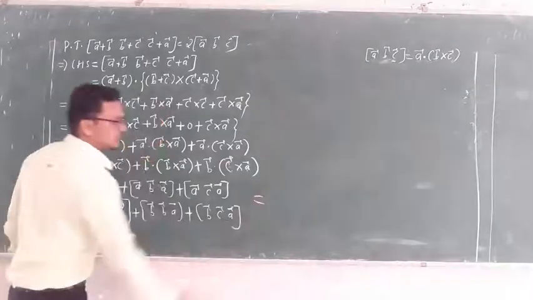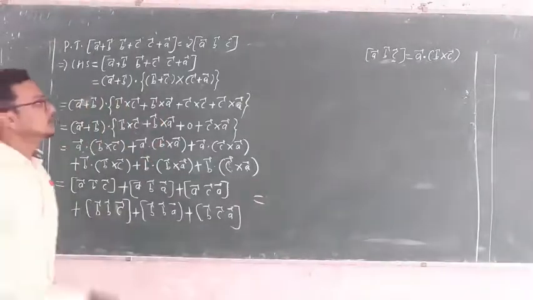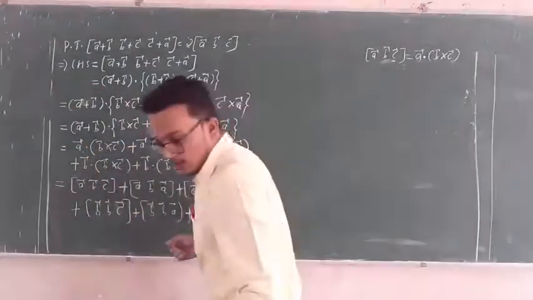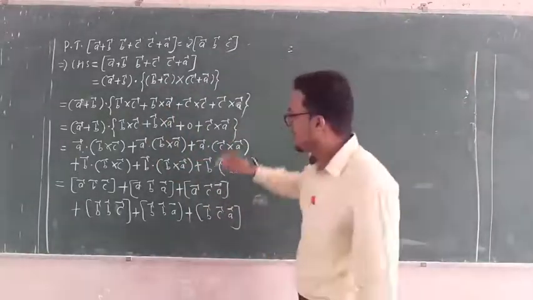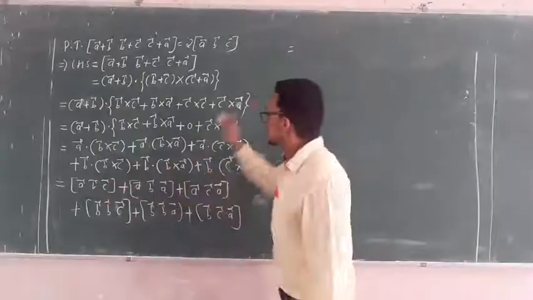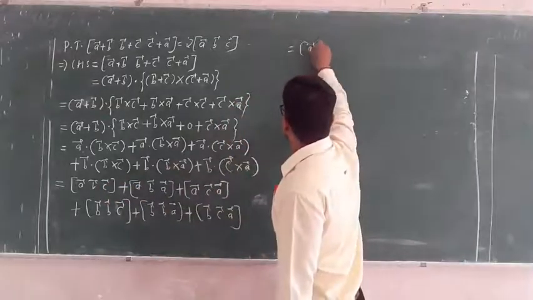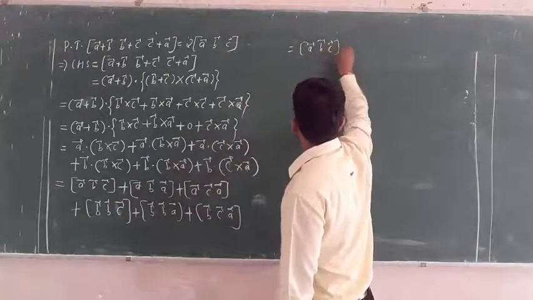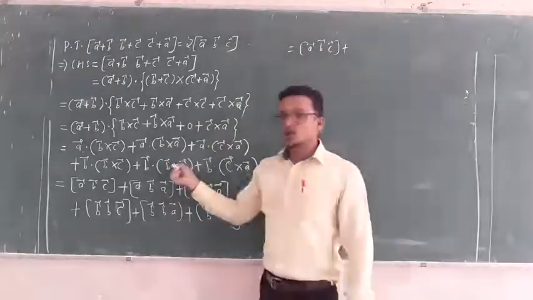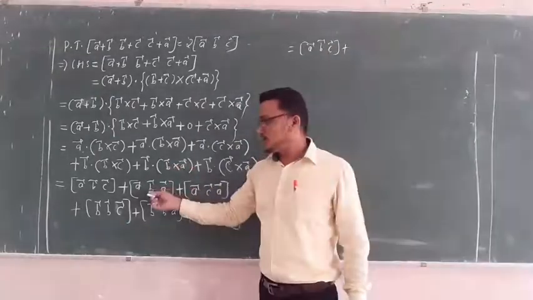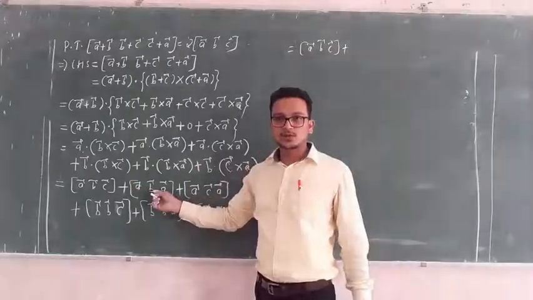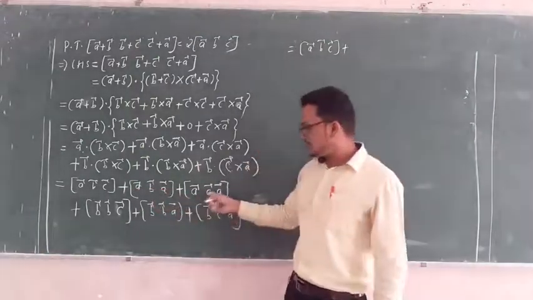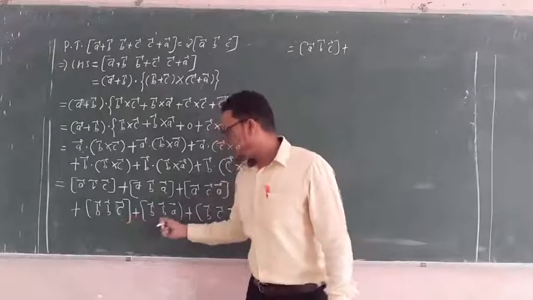which is equal to, now the first term as it is, the square bracket of A, B, C, plus, now by the property of the scalar triple product, if any vector is repeated its value is 0, so this is 0, this is 0, this is 0 and this is 0.